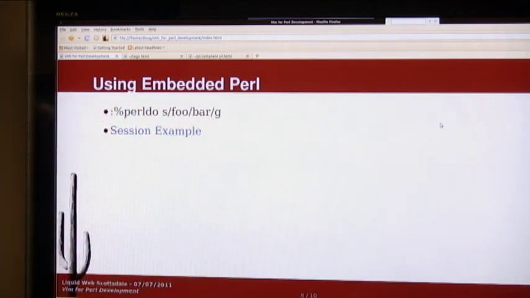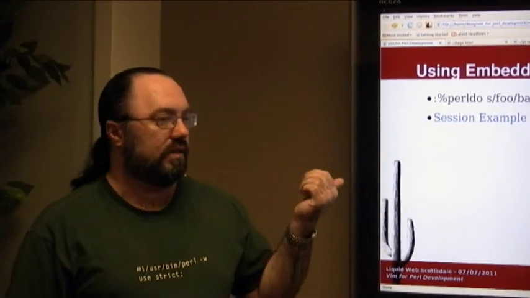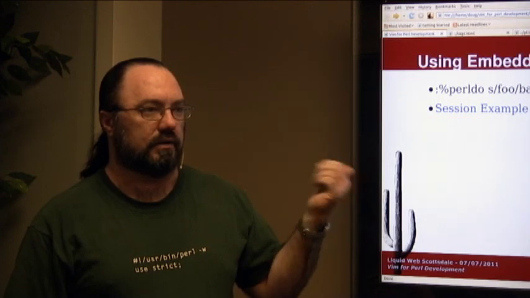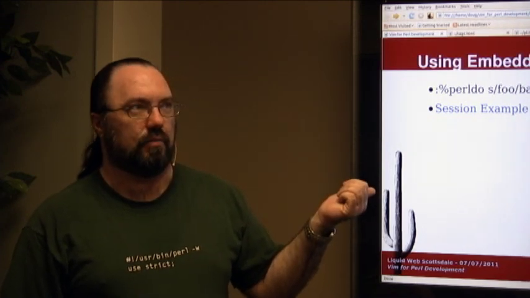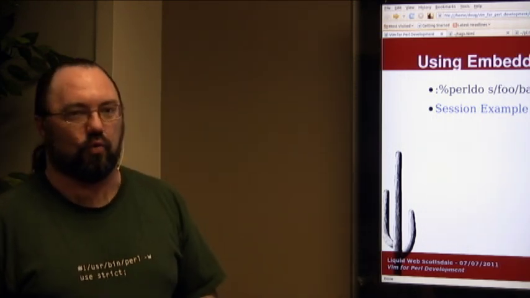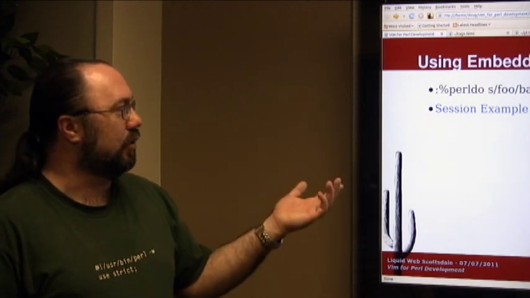Basically, a lot of Vims come with Perl compiled, embedded in Vim, or I don't know if it's dynamically linked or exactly how it works, but somehow Vim is linked to Perl.